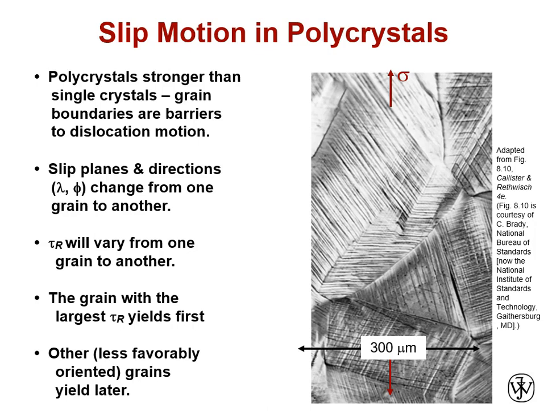The dislocation can move all the way across a grain, it'll hit the grain boundary and pretty much stop in most cases, or require quite a bit more stress to continue its motion on the other side of the grain boundary. Your slip planes and directions are going to change from one grain to another simply because they're oriented in different directions. Likewise, the resolved shear stress will vary from one grain to another depending on how it's oriented relative to your applied loads.